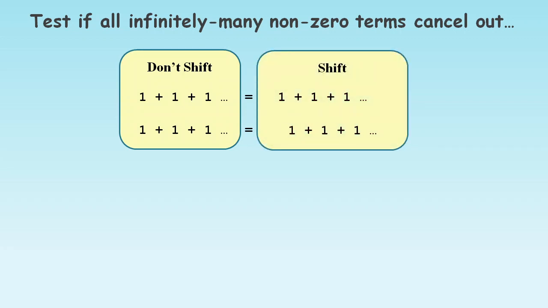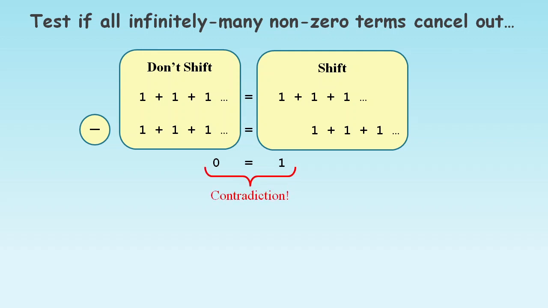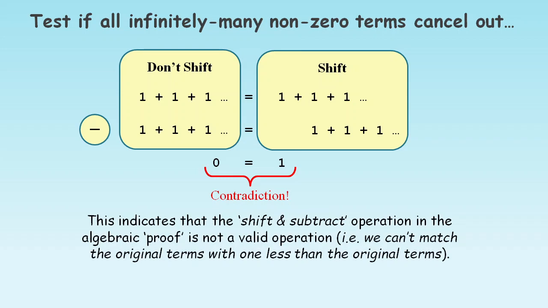We'll shift by one place, as in the proof. We'll do the subtractions, and we end up with 0 equals 1, which is a clear contradiction. And so this appears to indicate that we can't match the original terms with one less than the original terms. In which case, the algebraic proof is flawed and it doesn't prove that 0.9 recurring equals 1.